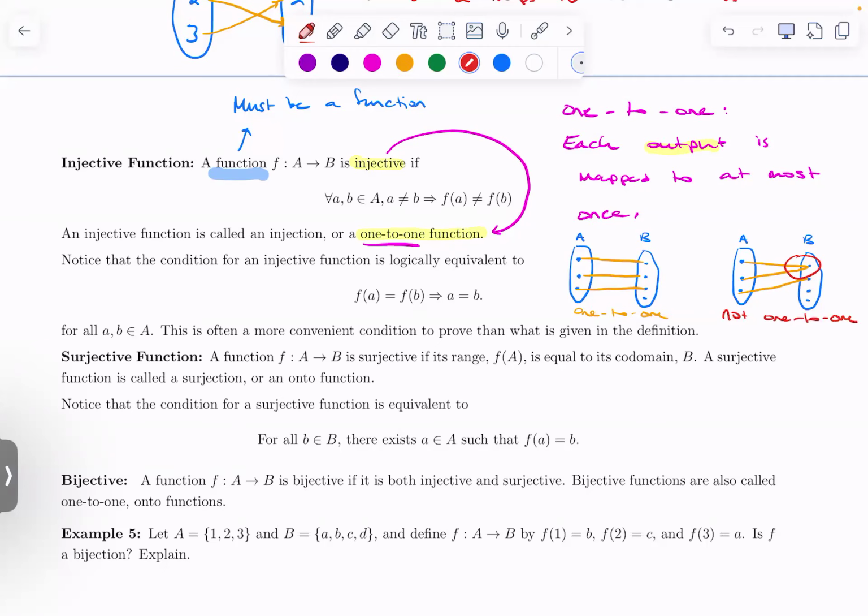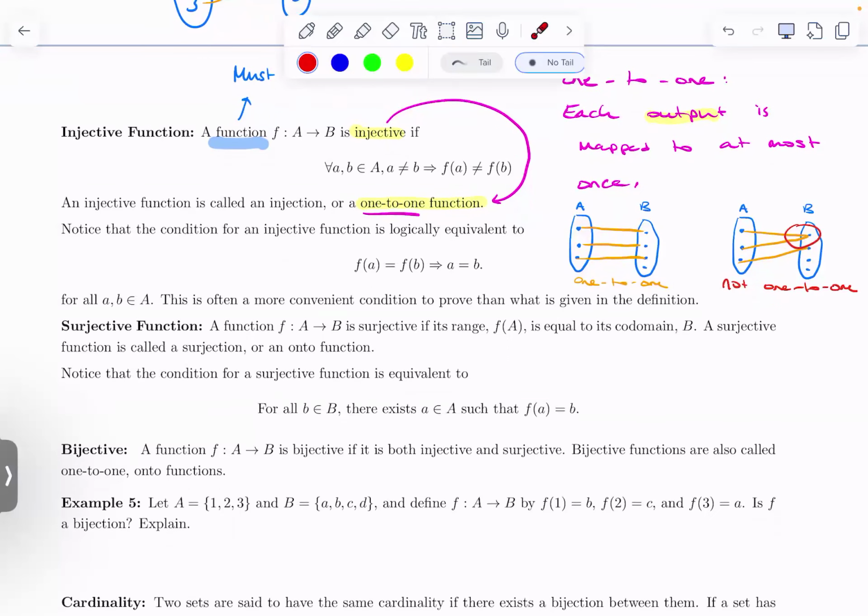Yeah, just one-to-one. And so what that means is if the output of a is the same as the output from b, then a must be equal to b.